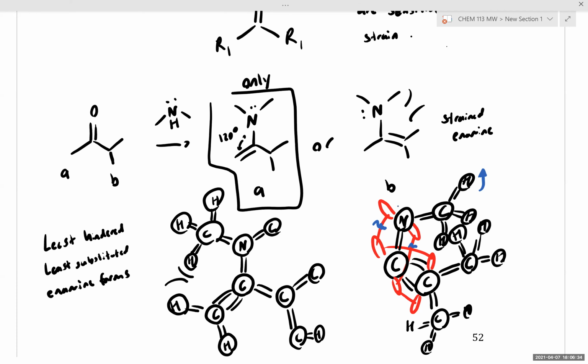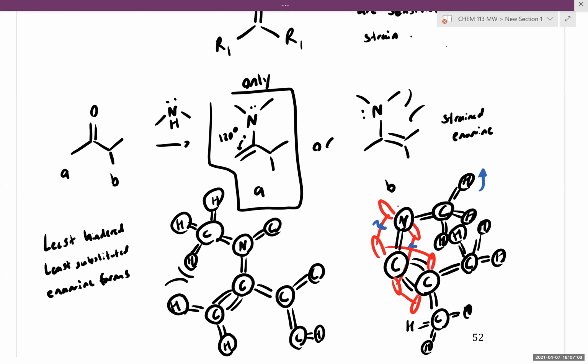This is quite an interesting effect where essentially the strain causes distortions in your bond angle, which weakens this overlap, which in turn leads to a less stable enamine overall. Does this answer your question?